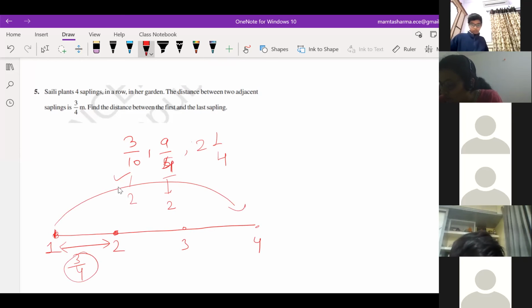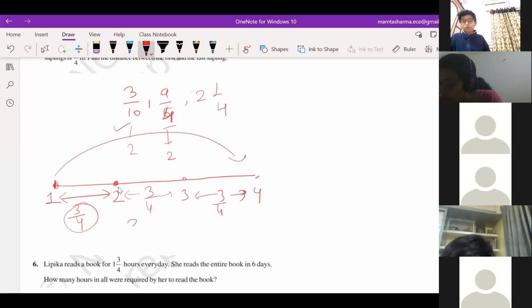Between these two it is 3 by 4, again between these two it will be 3 by 4, and between these two also. So total is 3 by 4 plus 3 by 4 plus 3 by 4, or you can say 3 into 3 by 4, which will be 9 by 4. That's it. And in mixed fraction, it is 2 1 by 4.